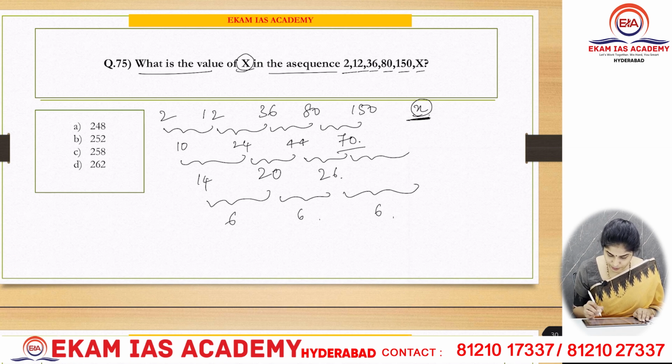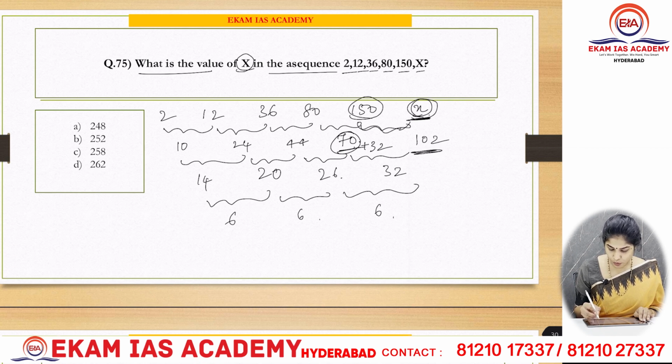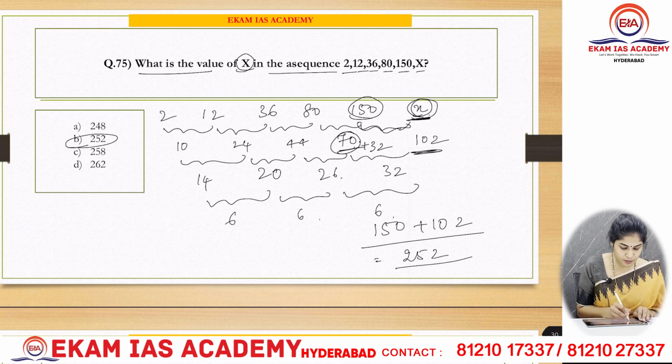So, the difference should be plus 6, which is 32. And this difference should be 70 plus 32, which is 102, right? So the difference between 150 and x is 102, which is 150 plus 102, which is 252. The right option is B.